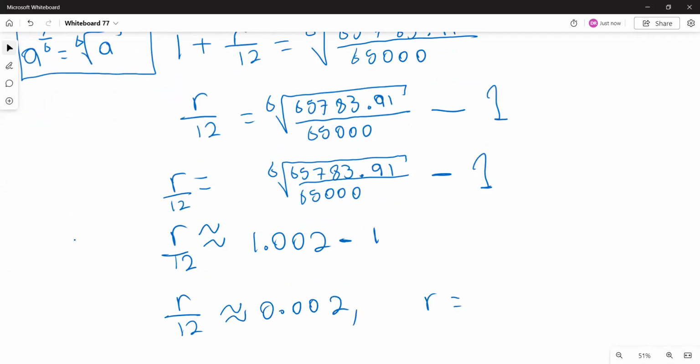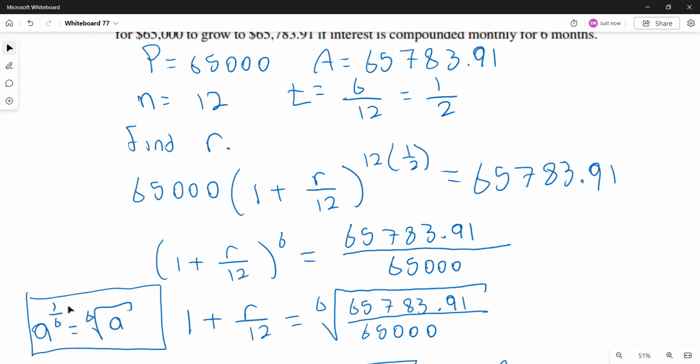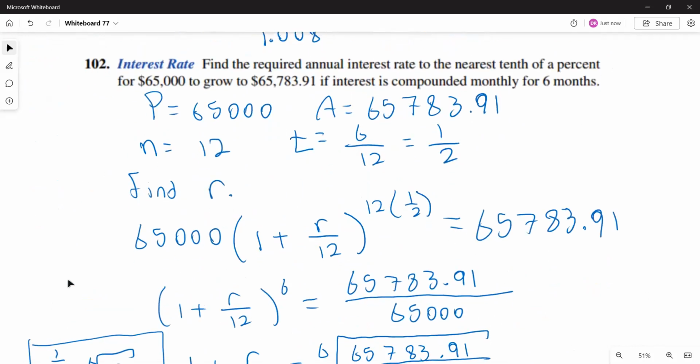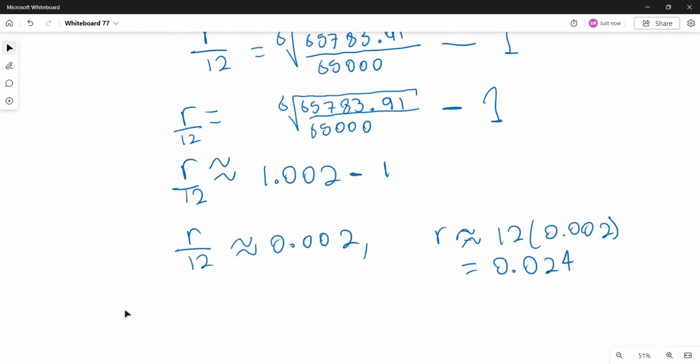So R is approximately 12 times 0.002, or 0.024. Okay, so finally we have it. The required interest rate is 2.4%.